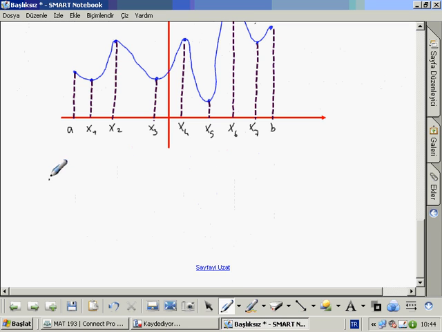And we can say for x1, x3, x5, and x7 are local minimum points.